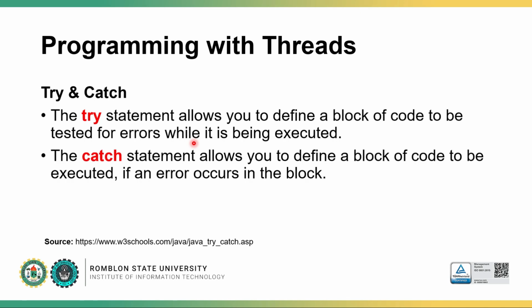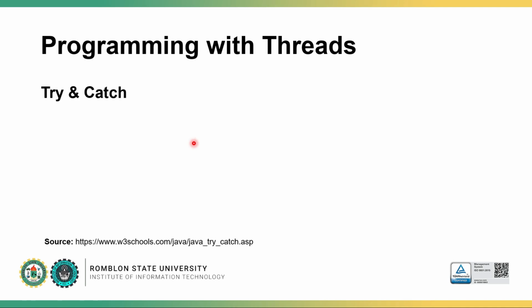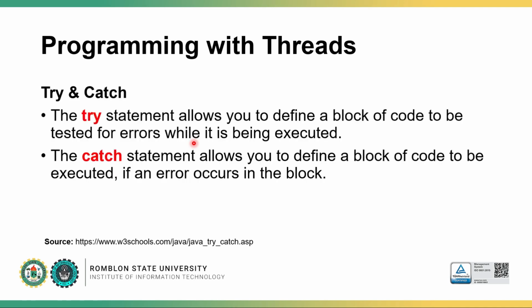The next one is what we call catch. For example, you have a wrong syntax in your code and you don't want your program to close. This is where the catch happens. Whenever there are errors, the block of code will automatically go to the catch statement.